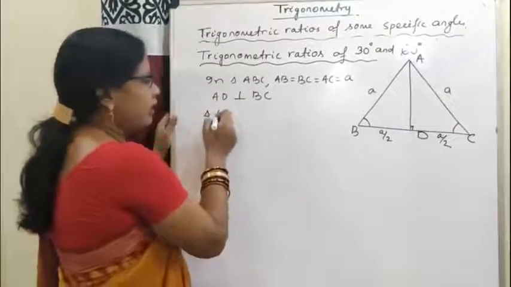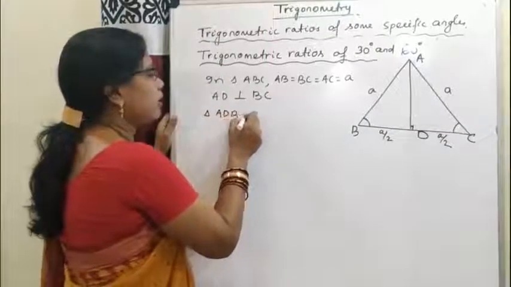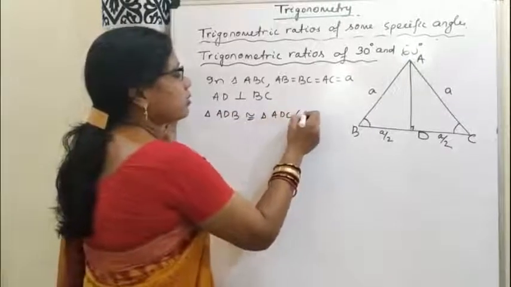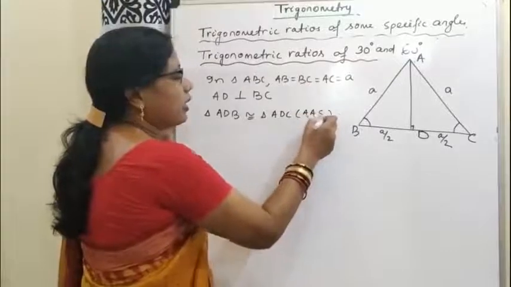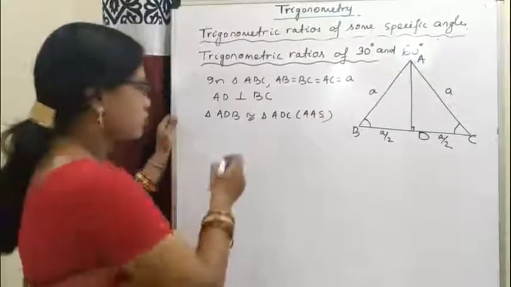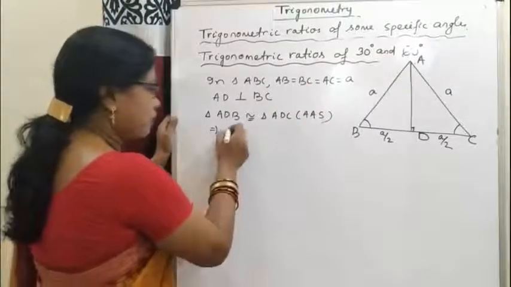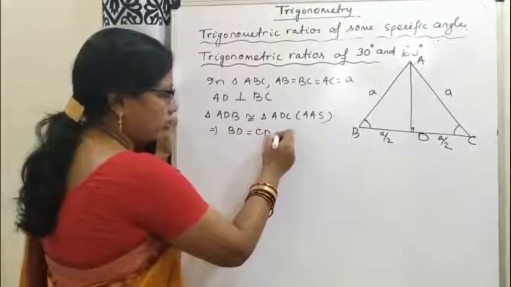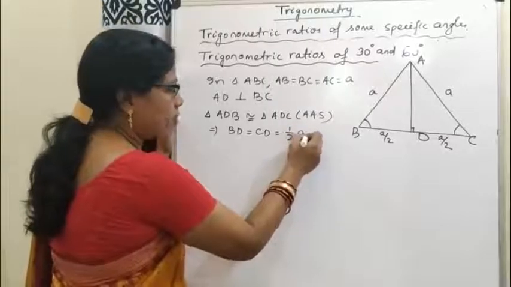So triangle ADB is congruent to triangle ADC by AAS congruence rule. This implies BD is equal to CD, which is equal to half of a.